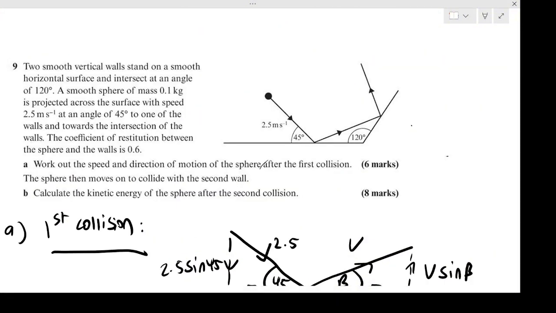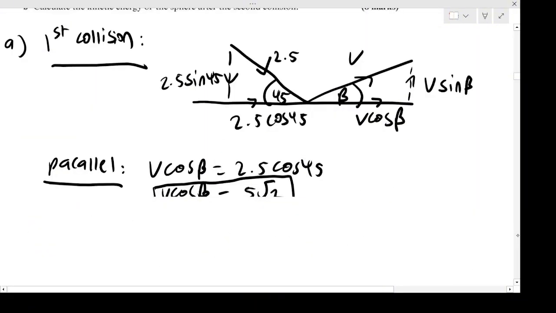Then we need to consider the second collision. It's asking for the kinetic energy after the second collision. Obviously the second collision is this part here, where it collides with the second surface, the second wall. So I'm going to copy that part of the diagram out.